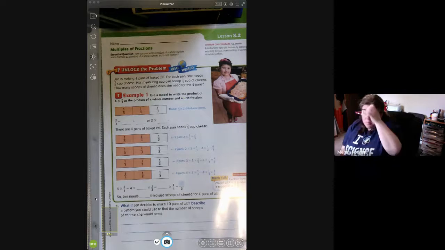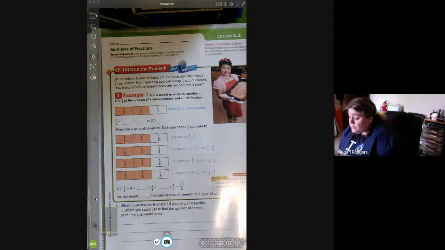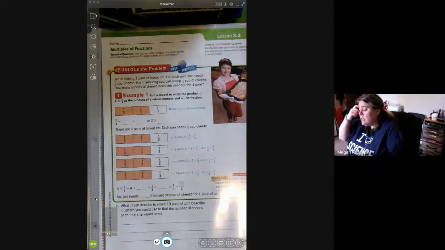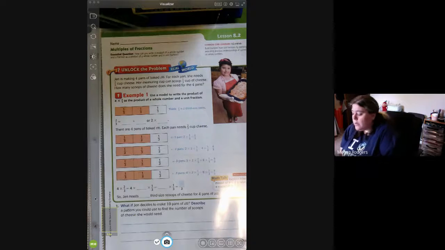All right, so there's a couple different things going on in there. So let's look at their example. It says use a model to write the product of 4 times 2/3 as the product of a whole number and a unit fraction. Remember from last week, a unit fraction is just a fraction that has 1 in the numerator.